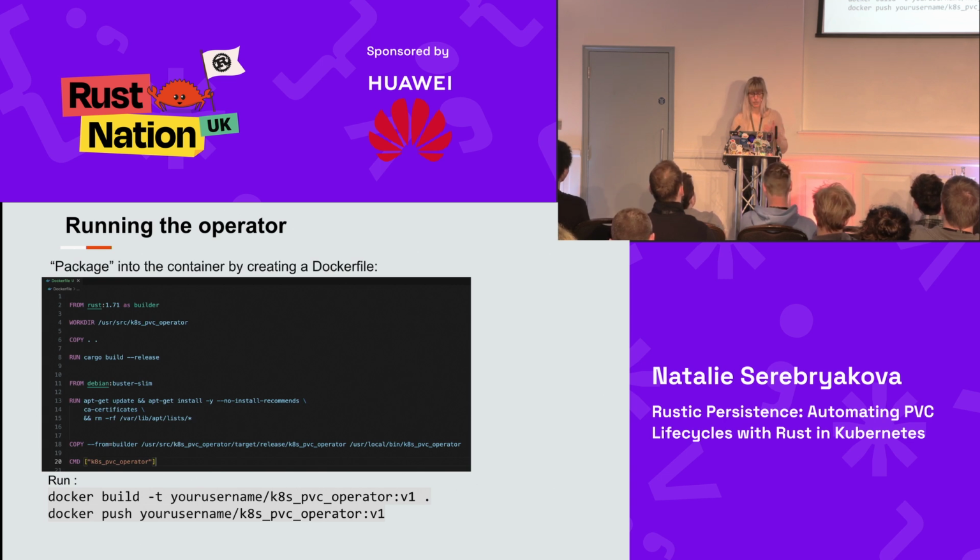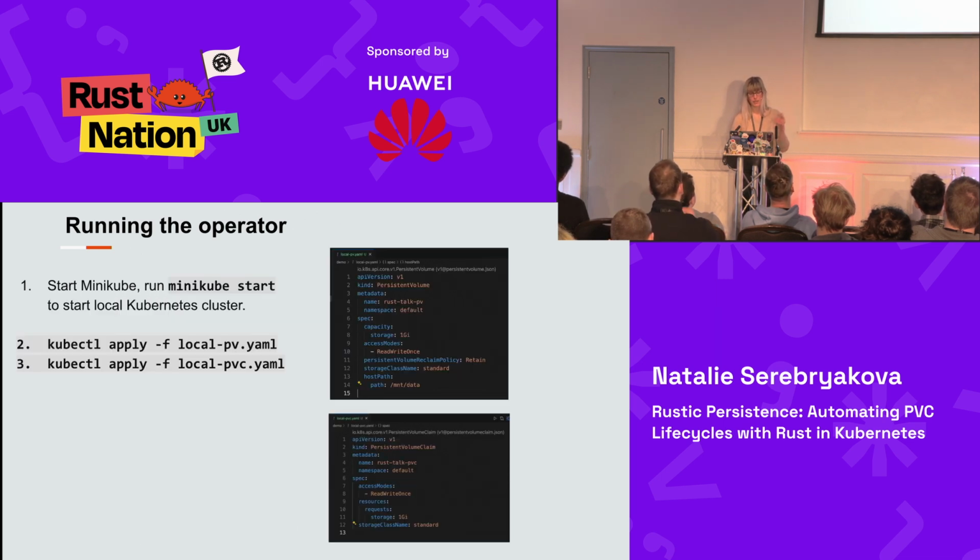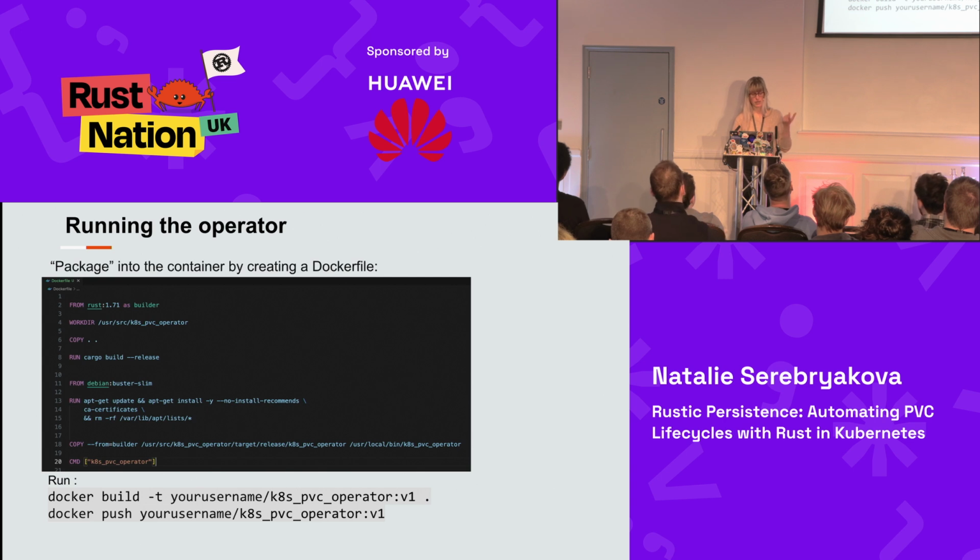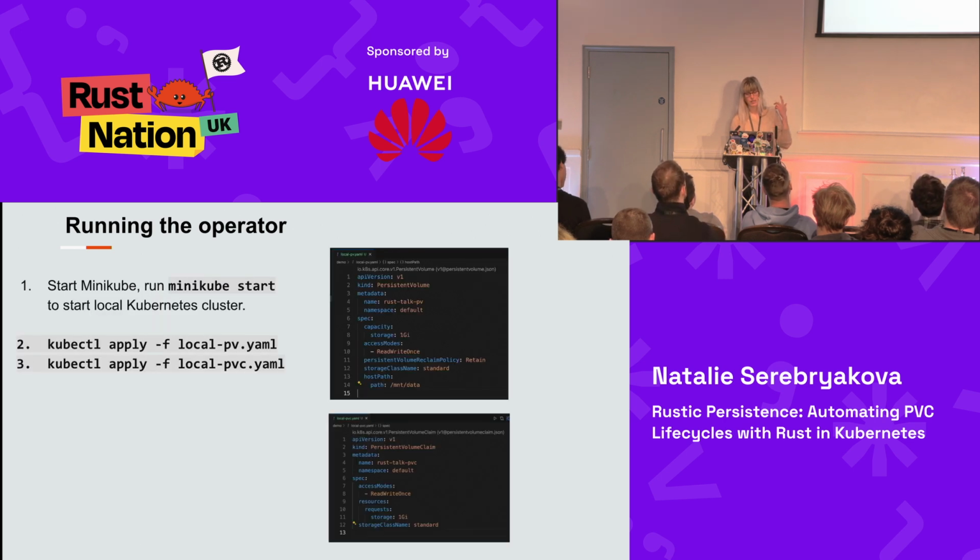You run Docker build, Docker push: you package the container, create your image, and push it to your ECR, Docker Hub, Azure, whatever your company is using. If you use it locally, you can also create the registry with Minikube or with Docker as well. And if someone decides to play with it, Minikube start will get you there.